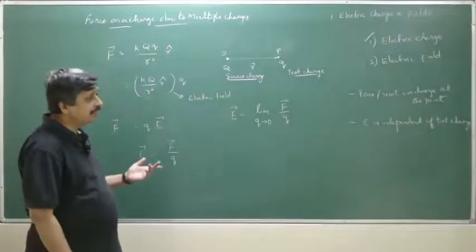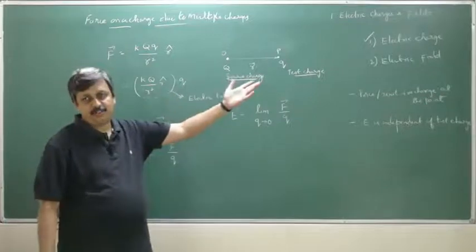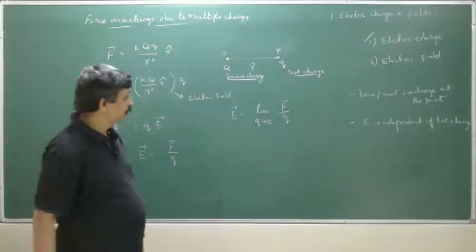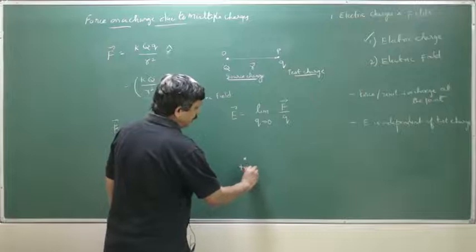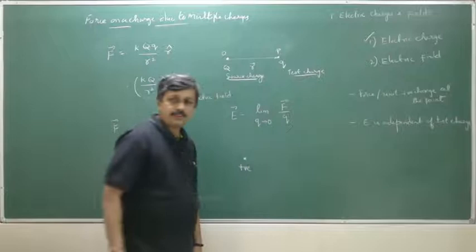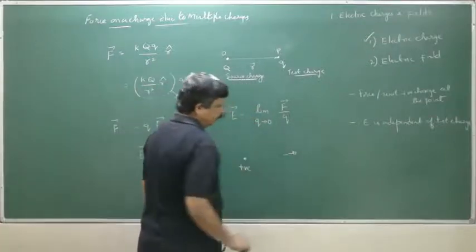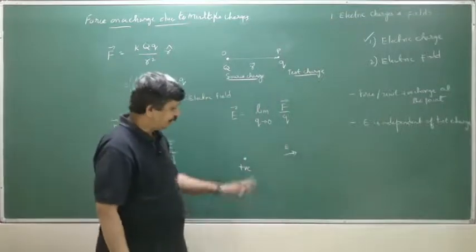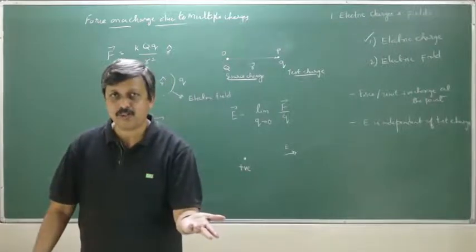You can very clearly see that if you put a unit positive charge, wherever it goes, that is the direction of E. In the sense that suppose you had a positive charge here, and at this point you put a unit positive charge, definitely it will be pushed out like this. So E at this point is in the same direction as the force on the unit positive charge.